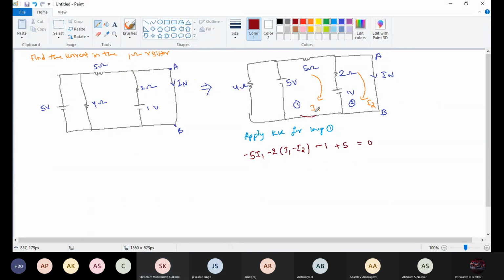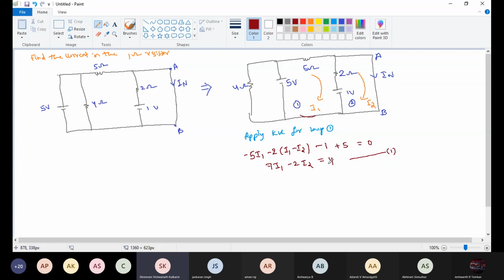Correct? Yes, sir. If I simplify this, I get 7 I1 minus 2 I2 equals 4. I call this equation 1.